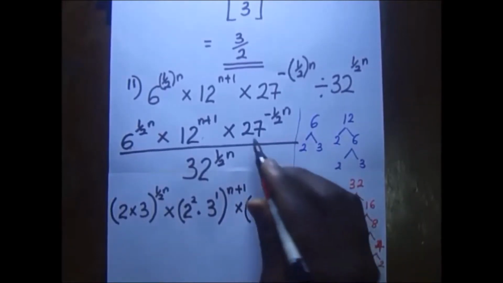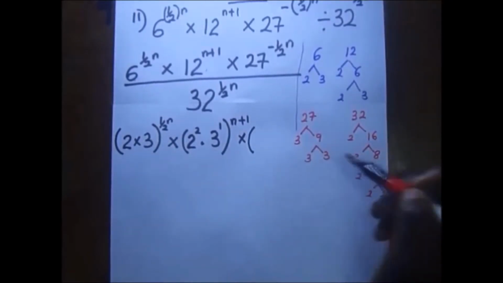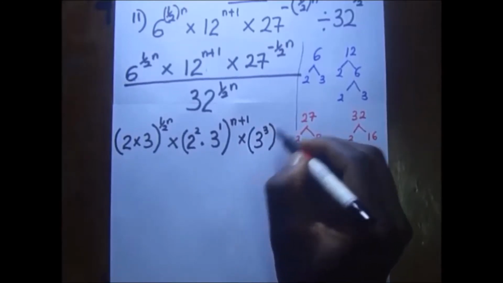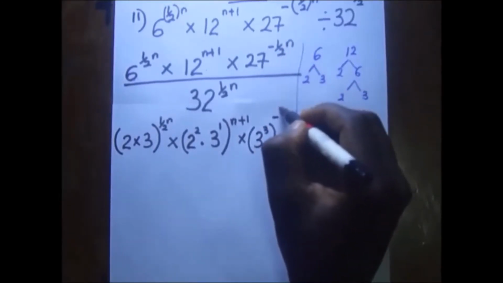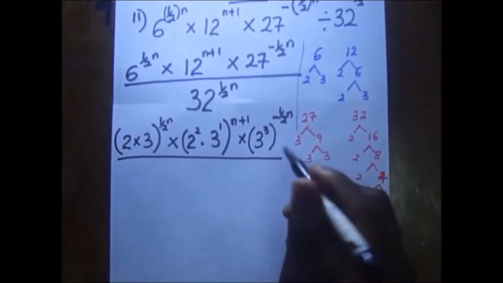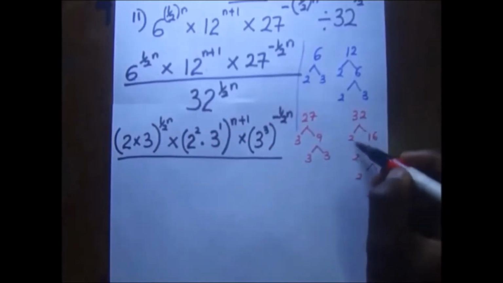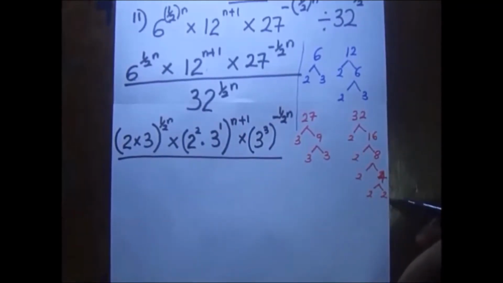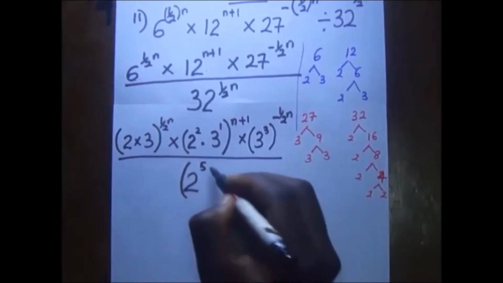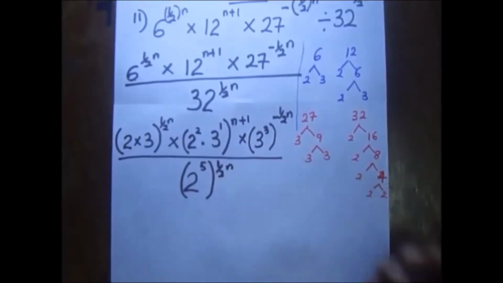Multiply that by 27. What is 27? It is 3 to the power 3, all that to the power negative half n. Divide all that by 32 to the power half n. What is 32? It is 2 to the power 5, all that in brackets to the power half n.